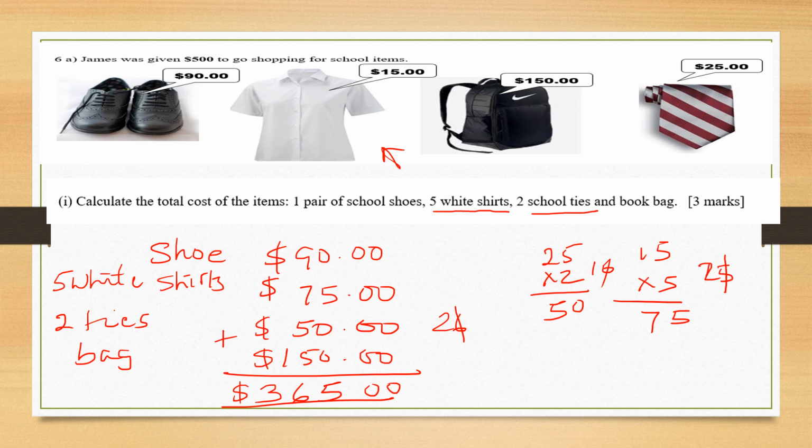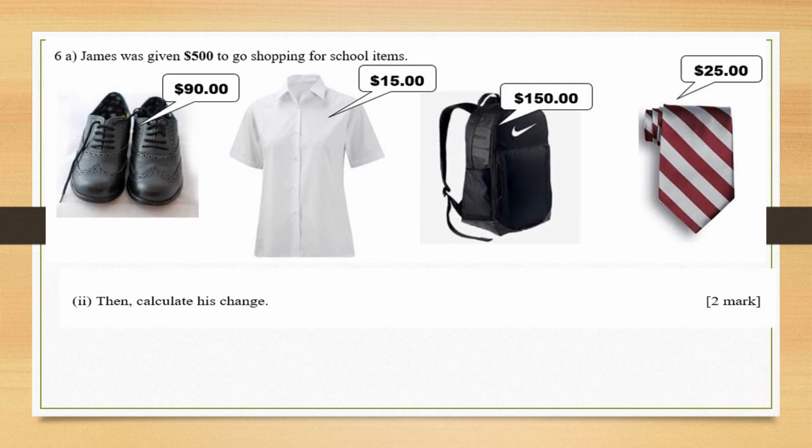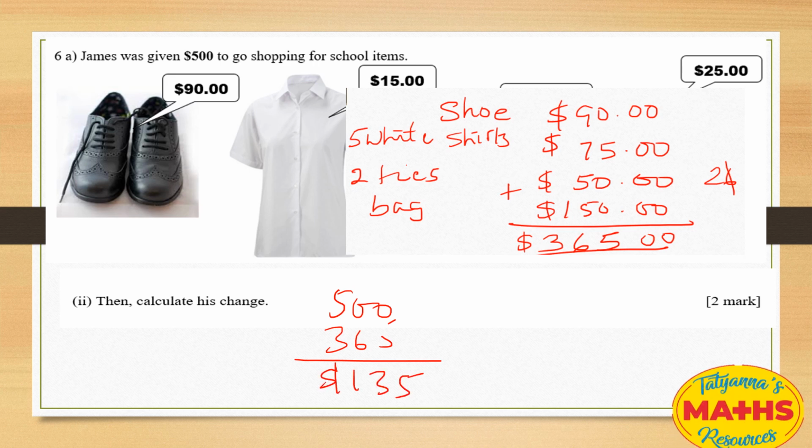That's my total cost of the items. Here he was given $500 and his total bill was $365. So we take $365 from $500, we get $135. So that's his change.